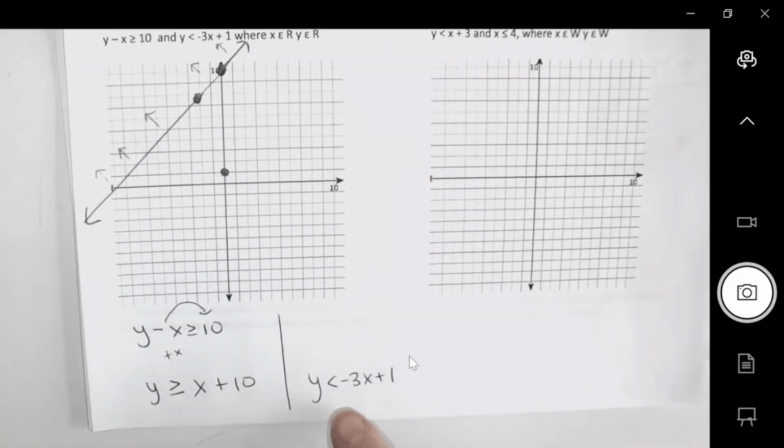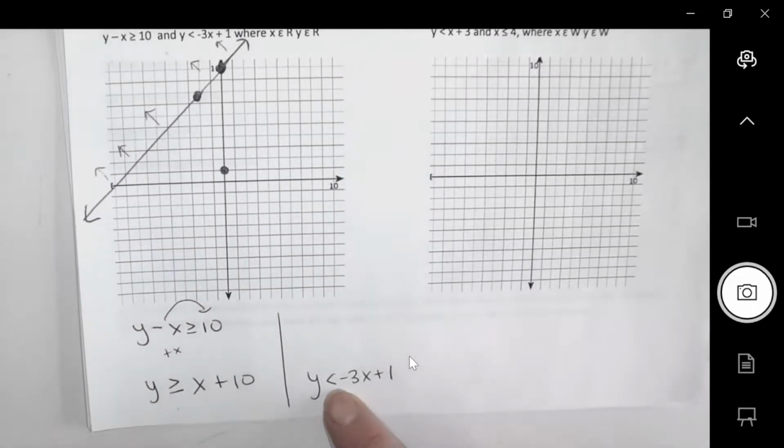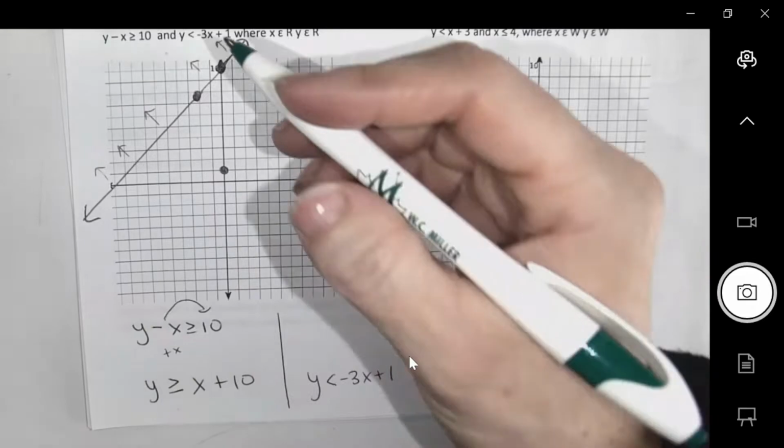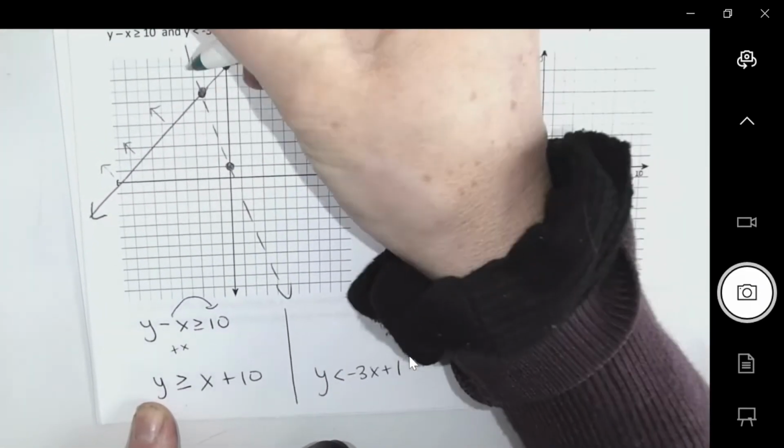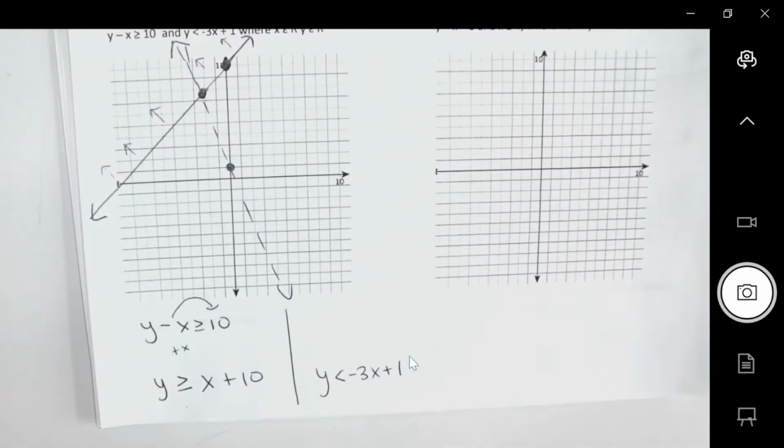What kind of line do you want it to be looking at this inequality sign? Solid or dashed? So this says less than, no equal to. So I'm going to dash it.